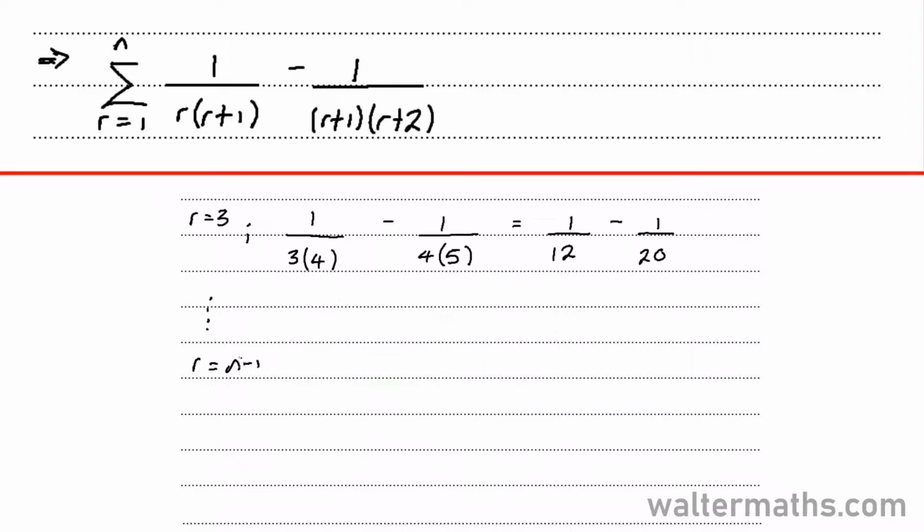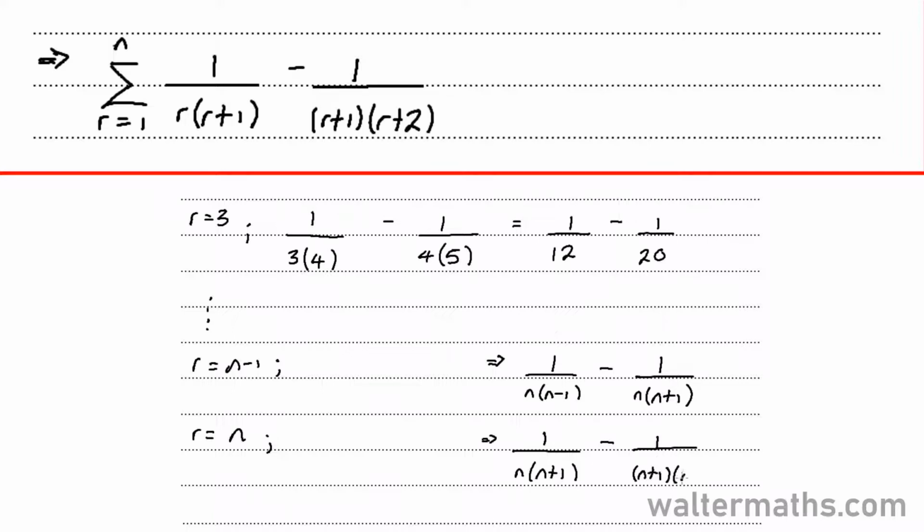Substituting that for r gives us 1 over n of n minus 1, minus 1 over n of n plus 1. And when r is equal to n, which is the last term, we'll have 1 over n of n plus 1, minus 1 over (n plus 1)(n plus 2). So this is what we'll be having here.